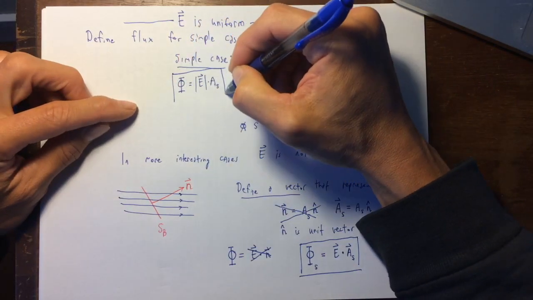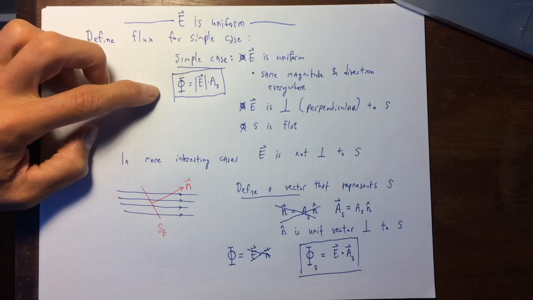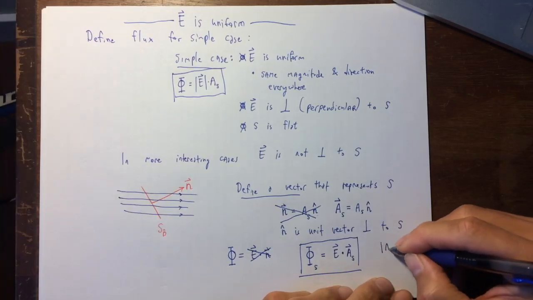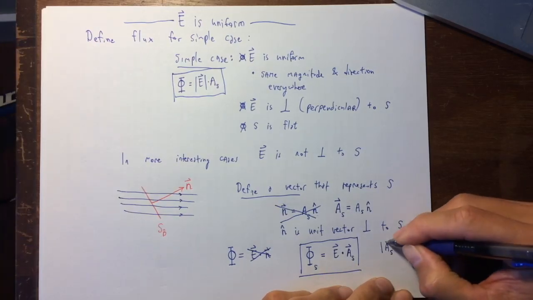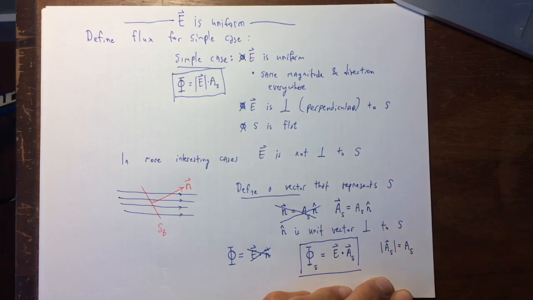Up here, you can see that I know the magnitude of the vector A sub S is equal to just the area of the surface.